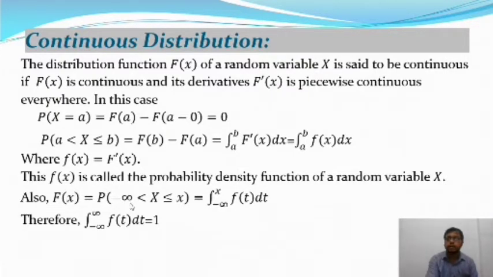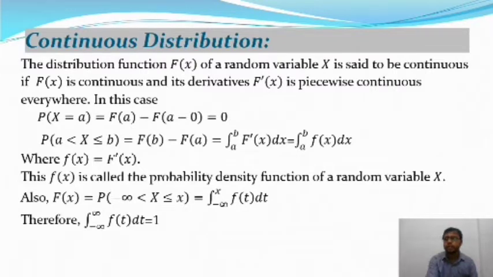Also, by the definition of the distribution function, F(x) is equal to the probability of minus infinity < X ≤ x, and in a continuous case it can be written as the integration over minus infinity to x of f(t) dt. If we put x equal to plus infinity, then from this integration we get the integration from minus infinity to plus infinity of f(t) dt equal to F(infinity).